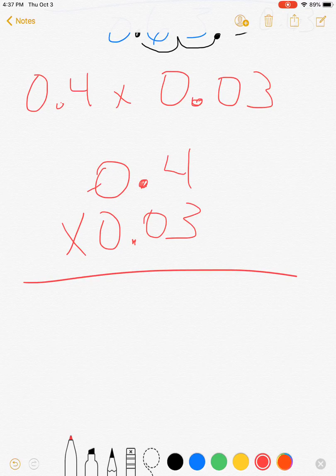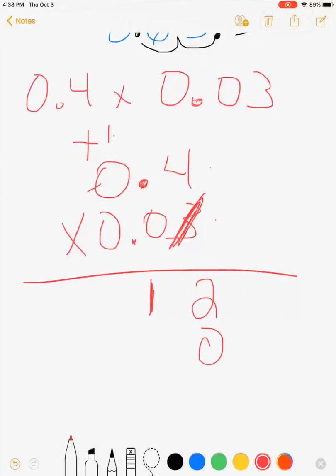Okay? Now let's begin to multiply. 3 times 4 equals what? 12. I put the 2 down and I carry the 1 next door. 3 times 0 equals 0 and plus 1 equals 1. I'm done with this place value. I'll mark it off with 0.